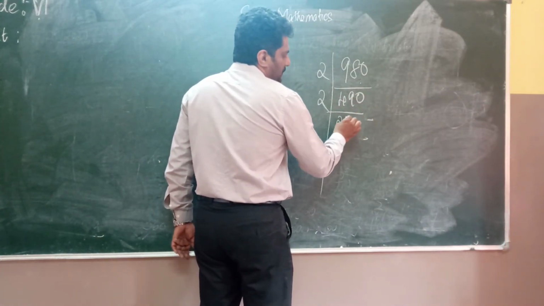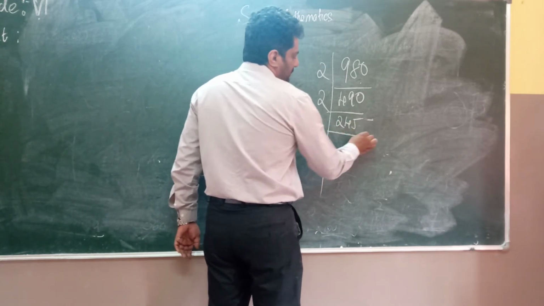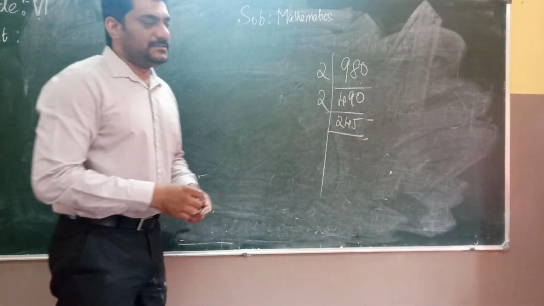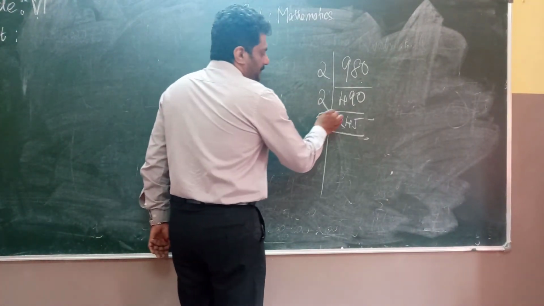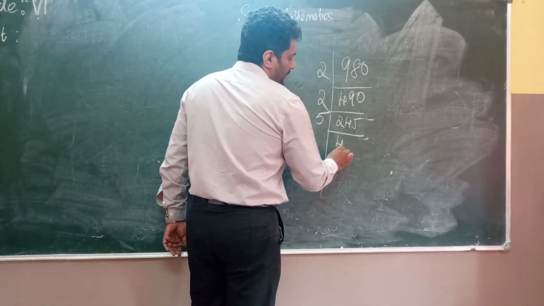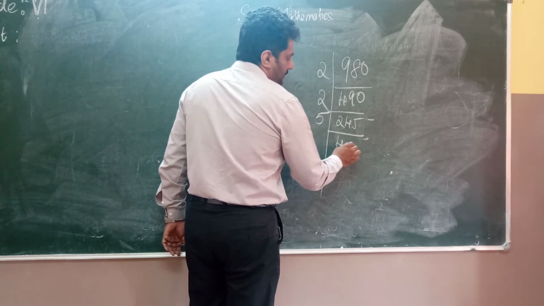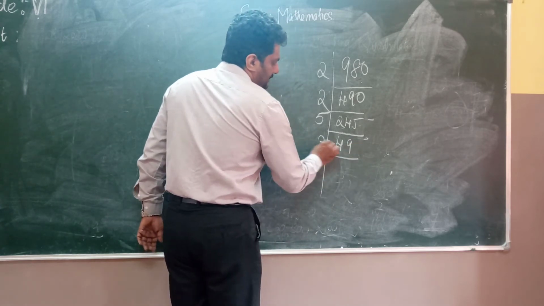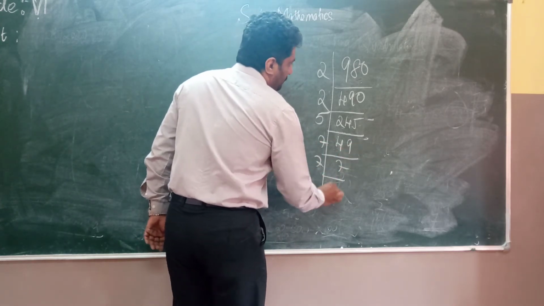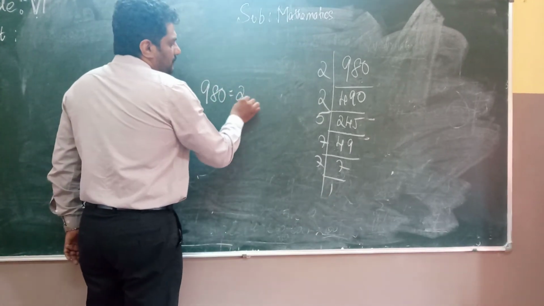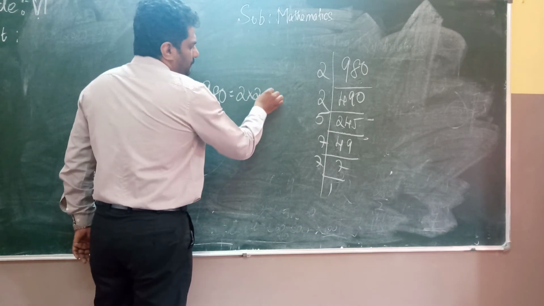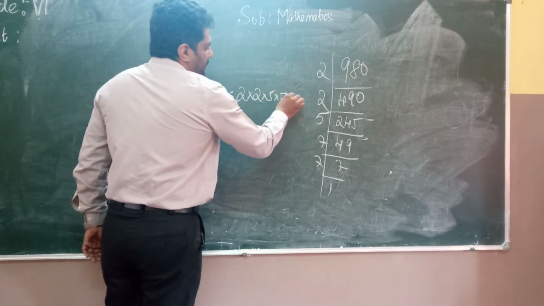Again, 2 2s are 4, 2 4s are 8, 2 5s are 10. Now, this 245 is not divisible by 2. It is not even divisible by 3. So, let's go for 5. 5 4s are 20, 5 9s are 45. Next, 7 7s are 49, 7 1s are 7. So 980 is equal to 2 into 2 into 5 into 7 into 7.